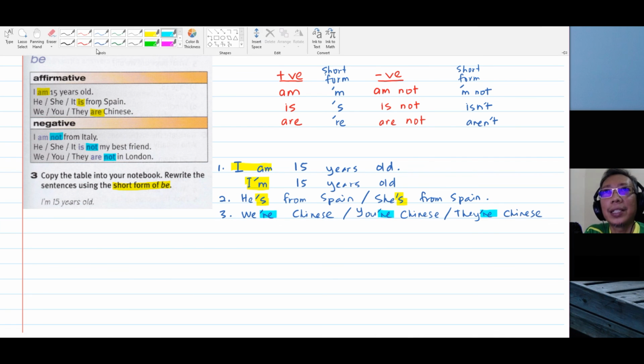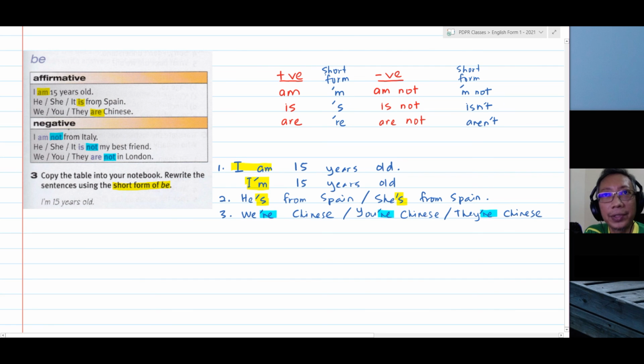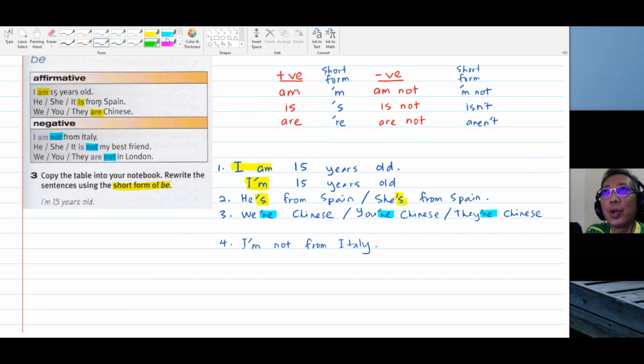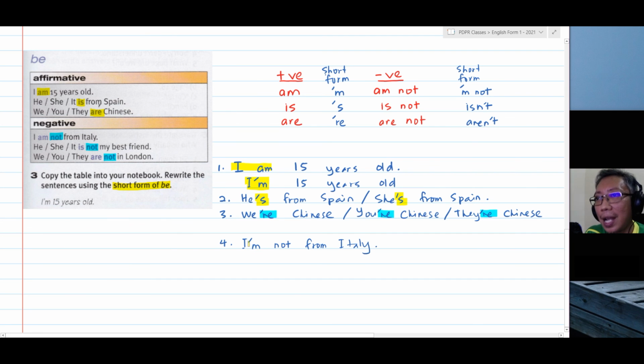The next sentence from the negative section, I am not from Italy. So the answer, I'm not from Italy. Okay, I'm not from Italy.